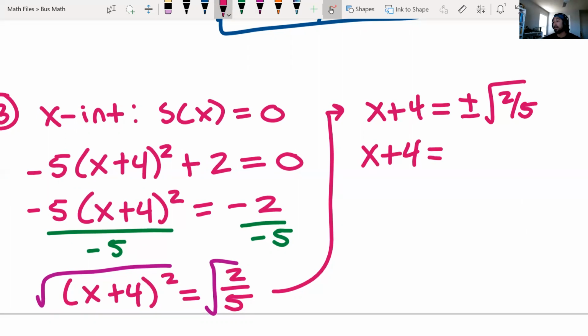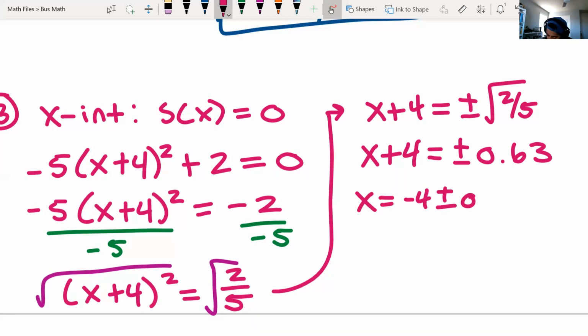Since this is business math, why not? I'm just going to say on my calculator here, square root of 2/5 is, let me do the plus or minus still, plus or minus 0.63. Okay. Move that 4 over. And we get x equals -4 plus or minus 0.63.